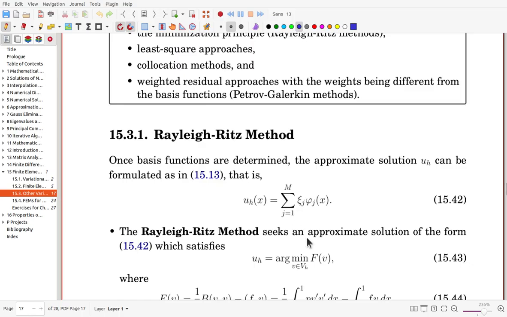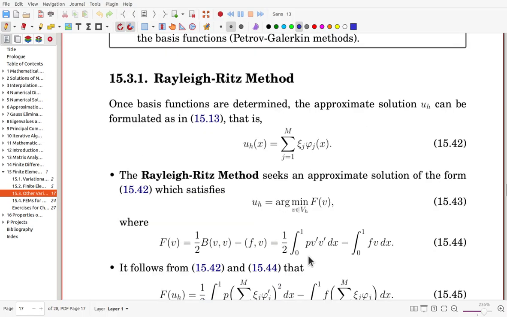The Rayleigh-Ritz method is trying to find an approximate solution which minimizes the linear functional. And earlier, the differential problem, variation problem and minimization problems are equivalent under certain conditions.